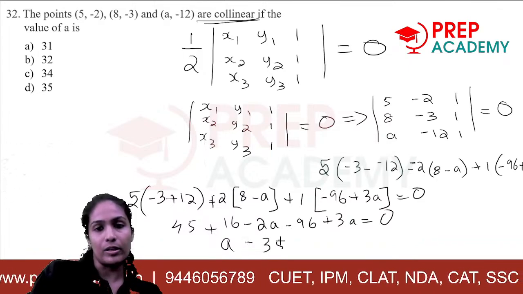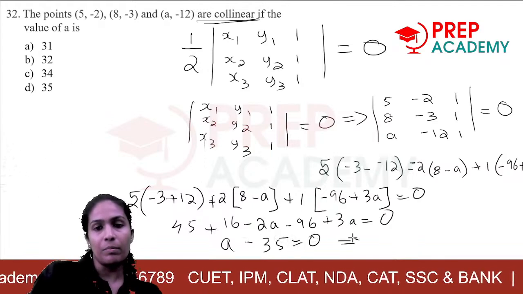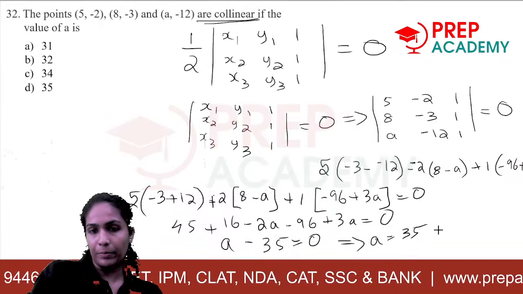So a minus 35 is equal to 0, so a is equal to 35.